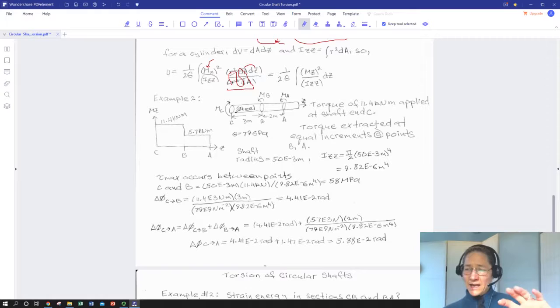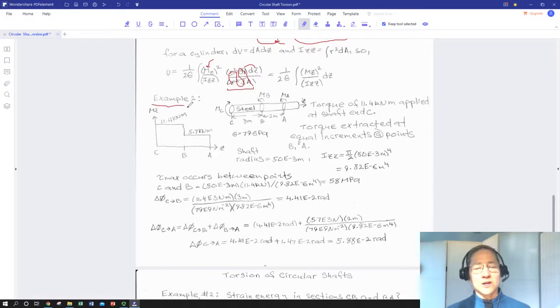But we're going to apply a moment at C, in what looks like the clockwise direction, so we're driving it there. Then we're going to apply counter moments at B and A, and those represent something that's being driven by the shaft. So we're harvesting that moment at two points.